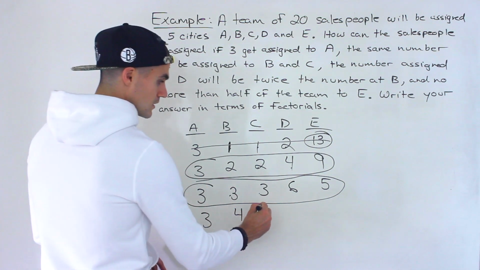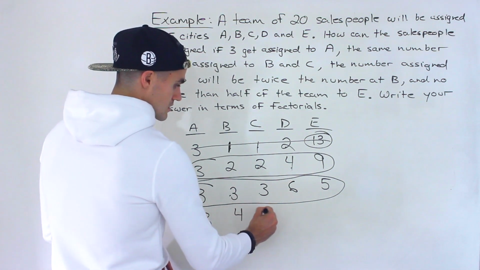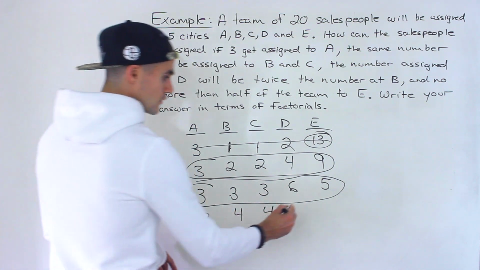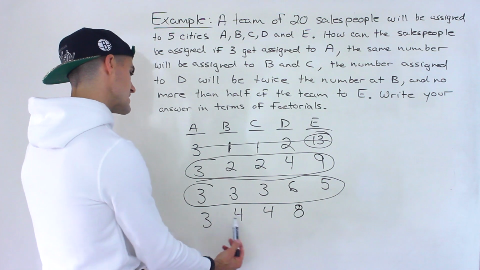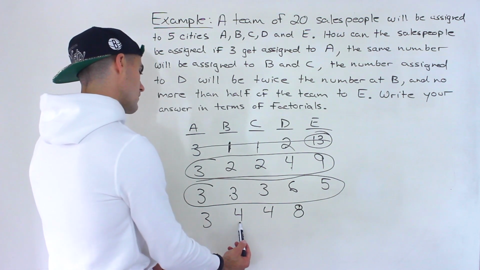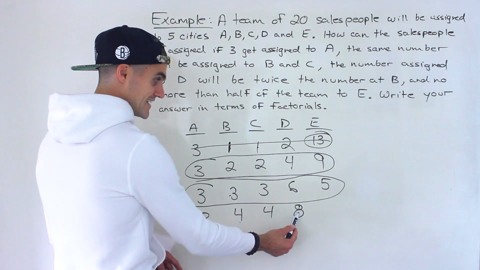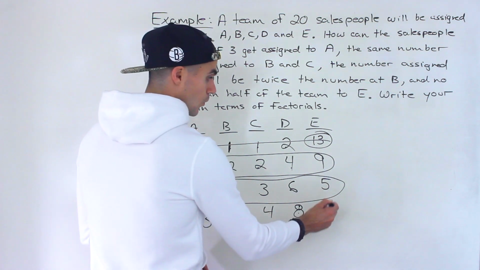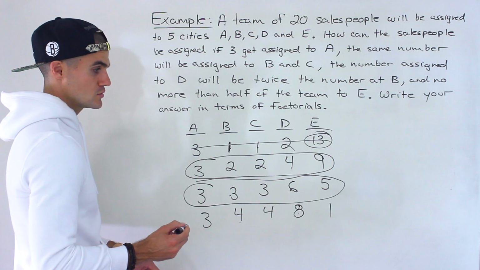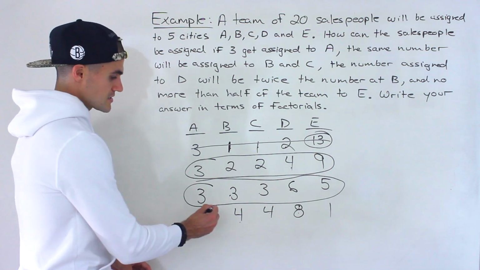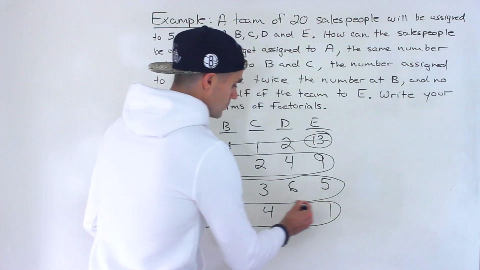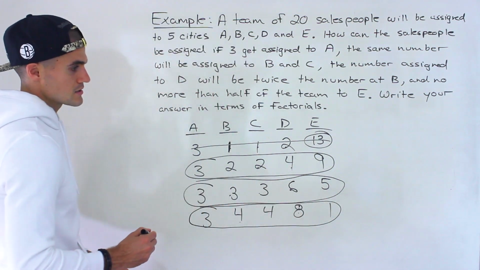This and this are the same, 4 and 4, and this would be 8. So we'd have 7, 11, 19. So there's 1 person left to be assigned to city E. This here would be the third case.